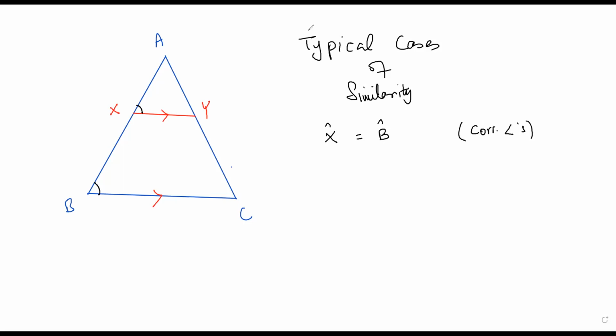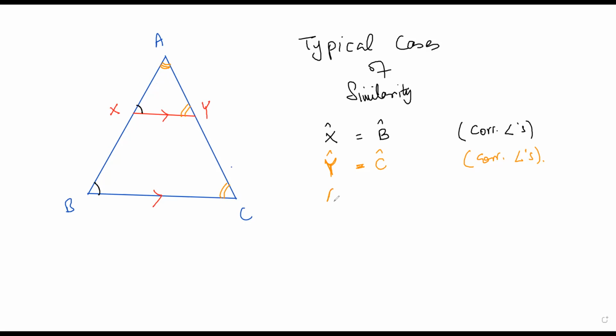Okay. Then you have this angle Y that is equal to the angle C. Angle Y is equal to the angle C. And the reason is same. These are again the corresponding angles on parallel lines. Once you've shown two corresponding pairs of the angles of the two triangles equal to each other, then it is understood the triangles would be similar.